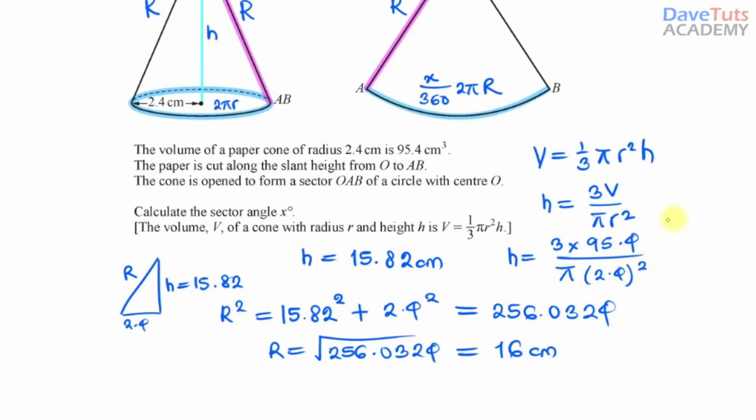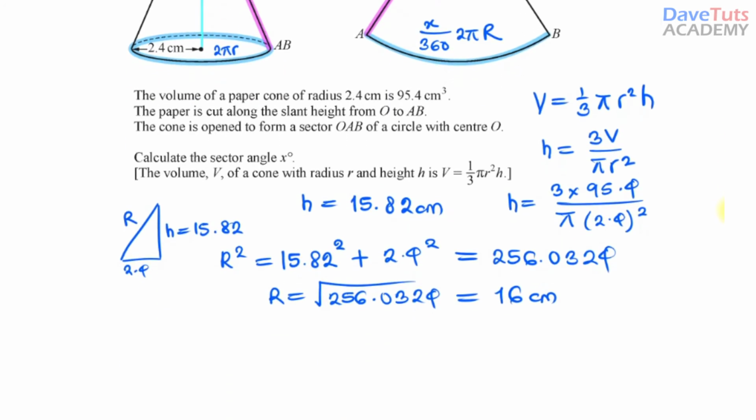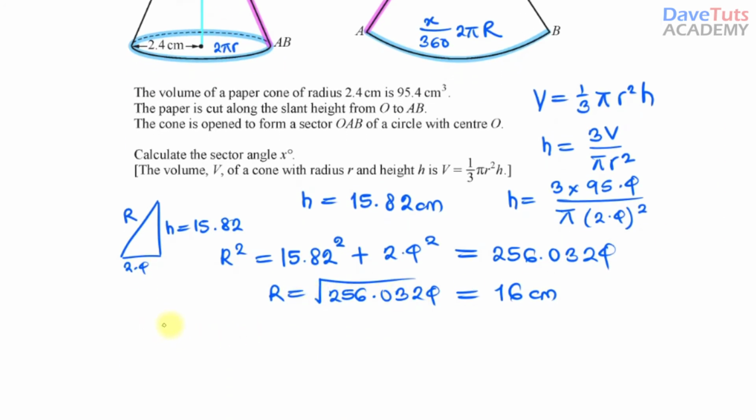Now since we have gotten our R, we can look at this sector. The formula for this sector, x over 360 times 2 pi R that we just got, is also equal to 2 pi small r, that is the perimeter of the circle AB. If we equate those two, we now have that the perimeter of the base circle of the cone is equal to the length of arc of the sector of the circle that will be formed.